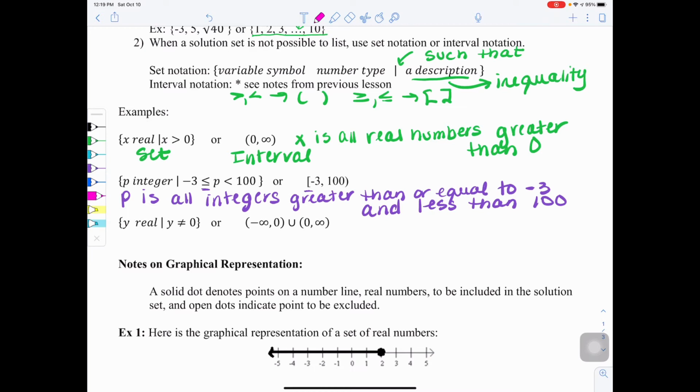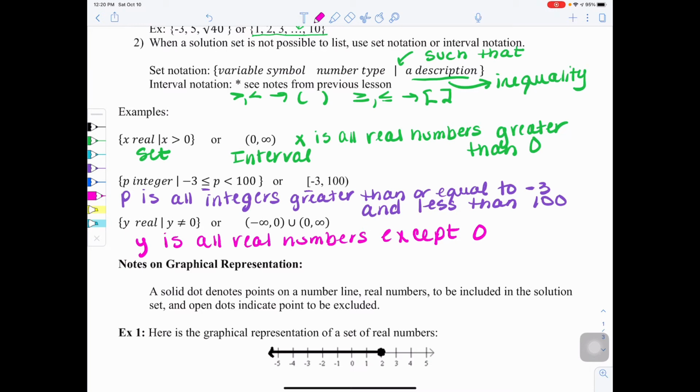So you would write y is all real numbers except 0.